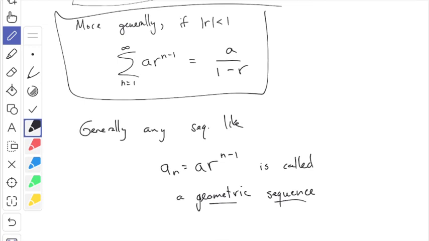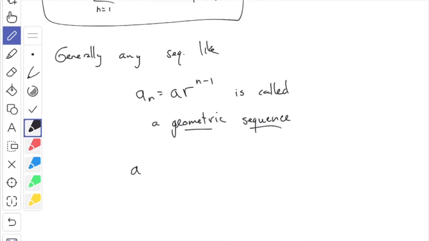If you write out the terms, it begins with a. The next term is a times r, then a times r squared, then a times r cubed, etc. All right. This is called a geometric sequence.